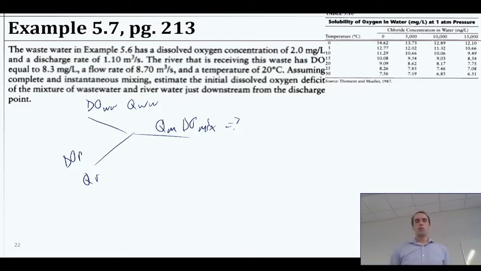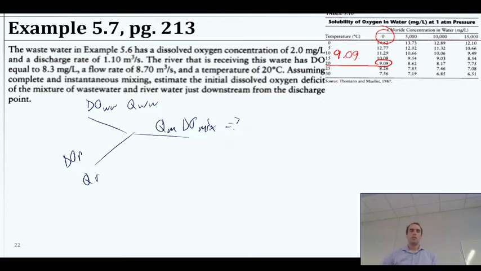So for this problem, we'll just assume zero chloride because I don't have that information on hand. When we look it up at 20 degrees Celsius, it's 9.09 milligrams per liter.